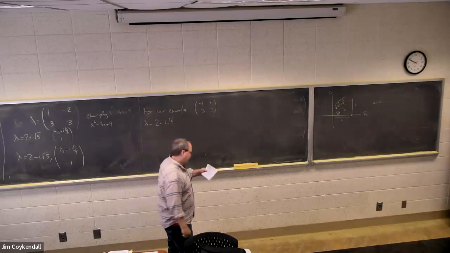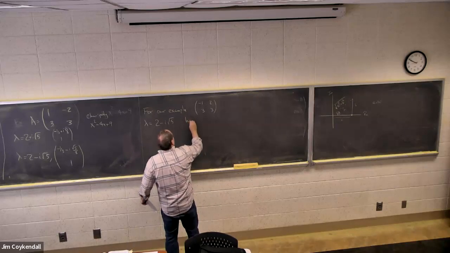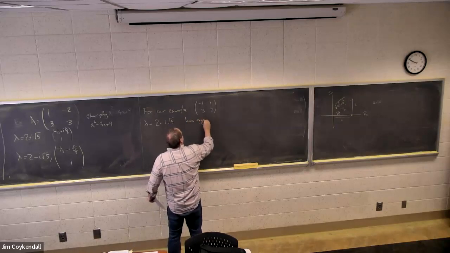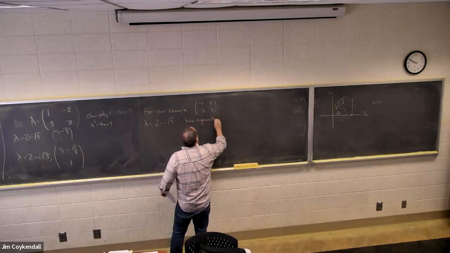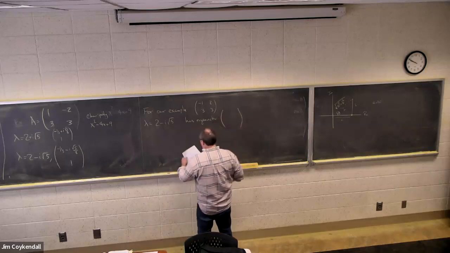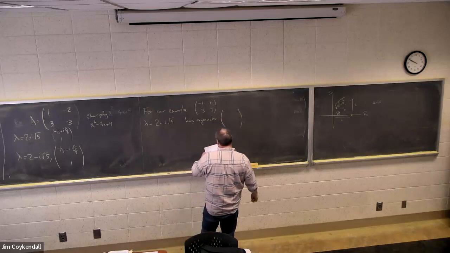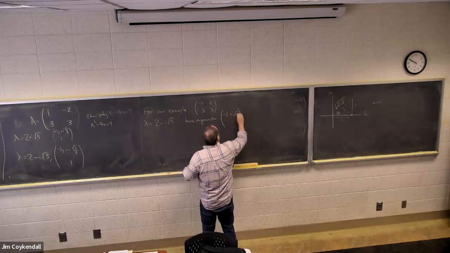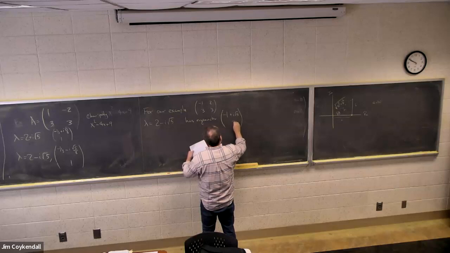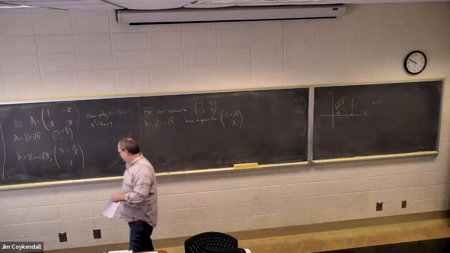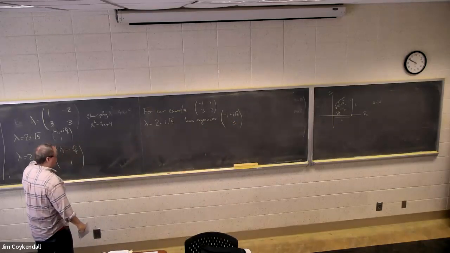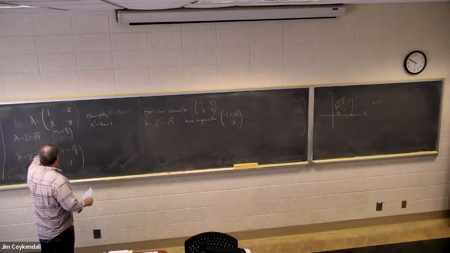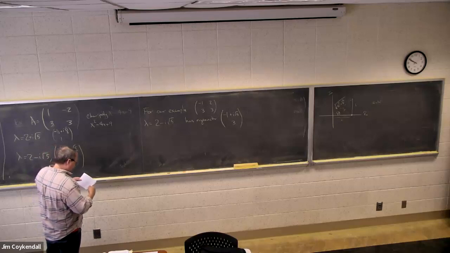Let's take the eigenvector: minus 1 plus i radical 5. Oh, it should be a plus, isn't it?